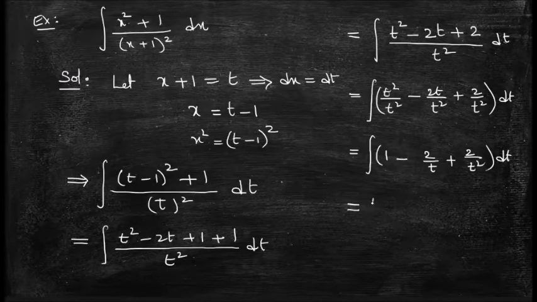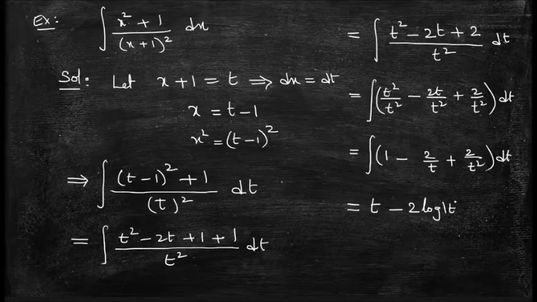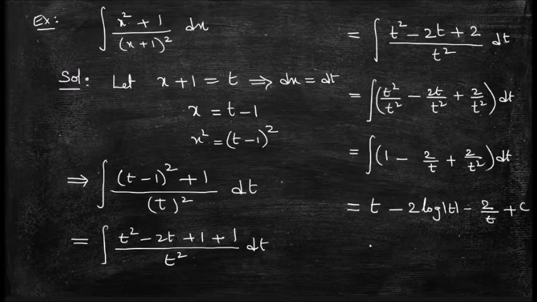Integration of 1 is t, minus 2 times integration of 1 by t, which is log t, and integration of 1 by t square is minus 1 by t, so minus 2 by t, plus c.